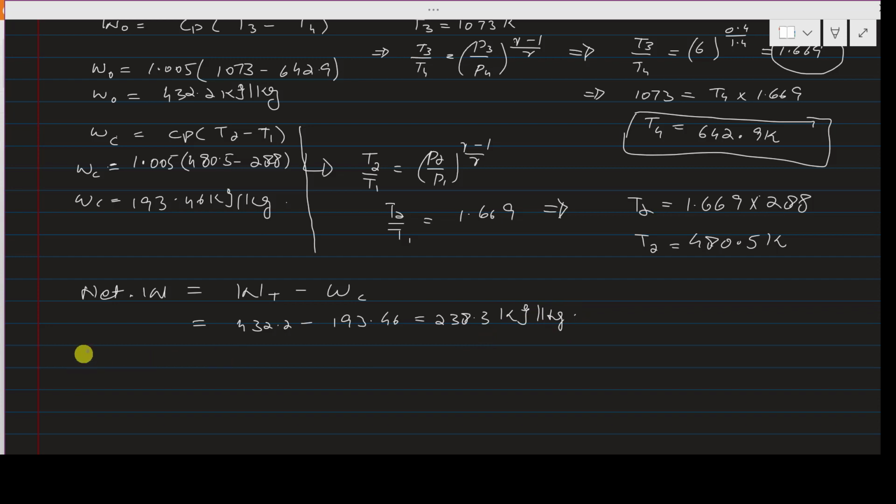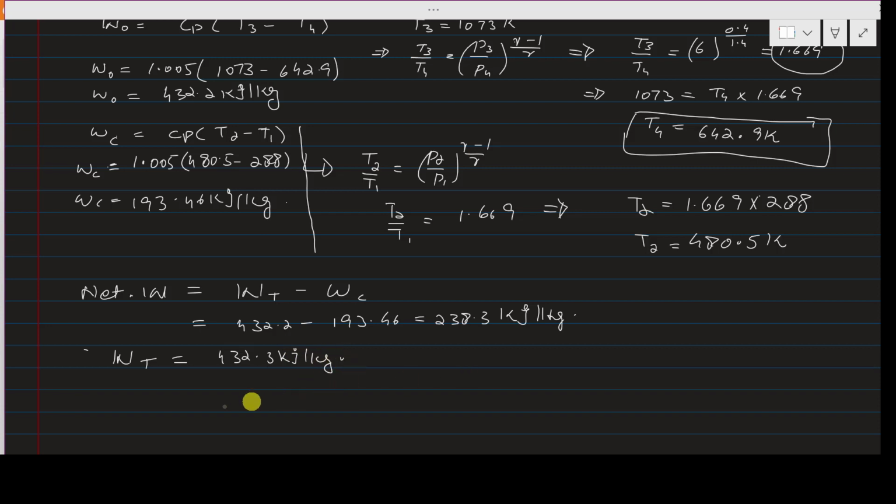The next is the gross work. Gross work means the work that you obtain, you can say the work output of the turbine, that is 432.3 kilojoule per kg.